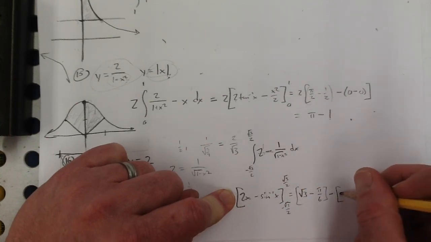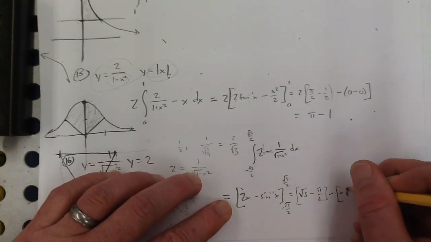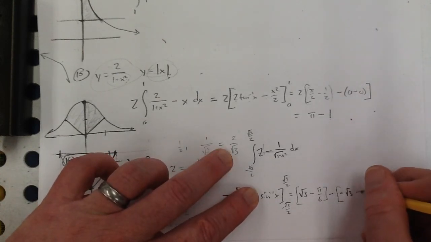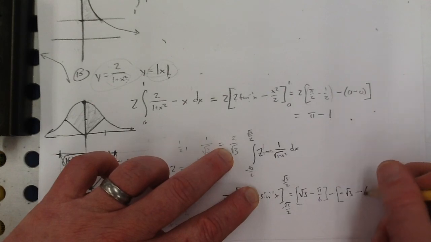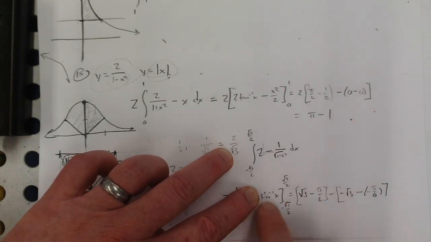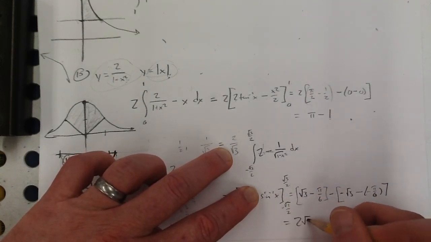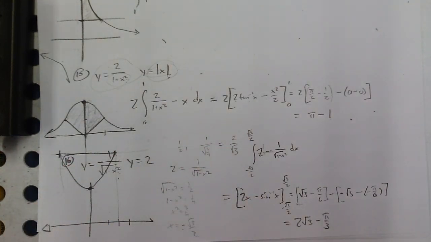Oh, sorry, I'm putting in minus. There we go, yeah. So minus square root of 3. And then the minus, the sine inverse of negative square root of 3 over 2 is negative pi over 6. So I just get the doubling of this. So that is 2 square root of 3 minus pi over 3. That's pretty tricky, that one.